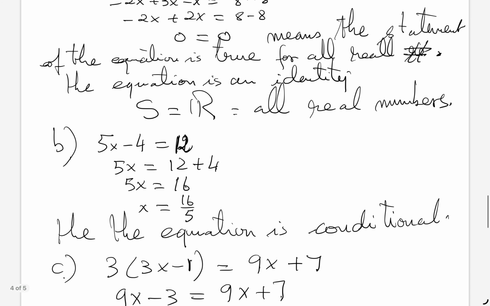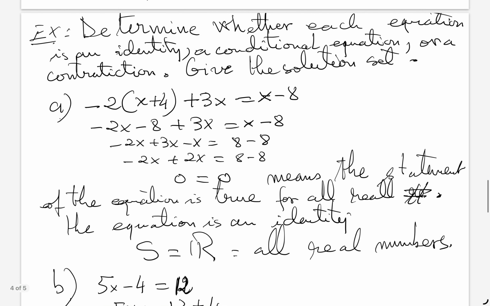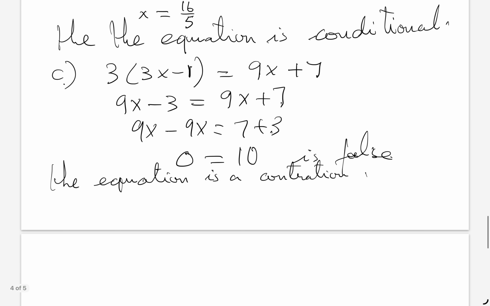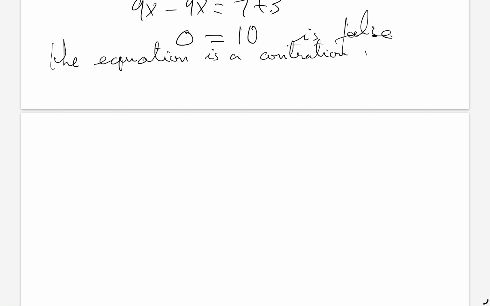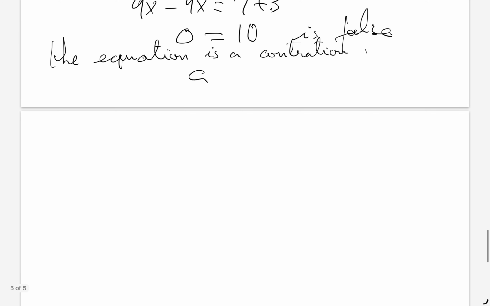And now our last question is to give a set. Now, listen up here. When you reach a contradiction, that means there is no solution. If there is no solution, the way you write down the set is this one. It's called the empty set.